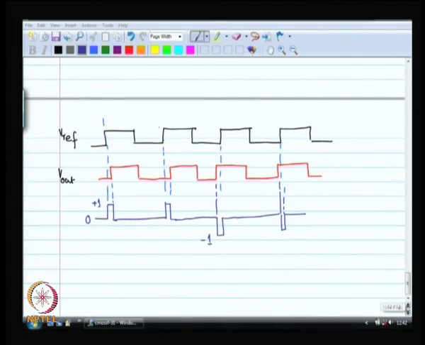Observation number 2 is that you do not want combinational logic over here, you want to ignore all of this.